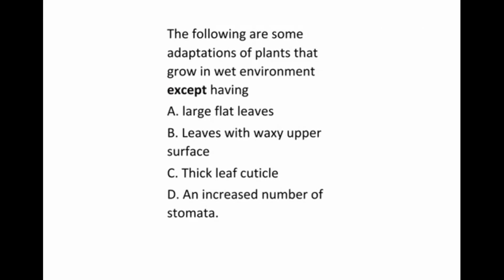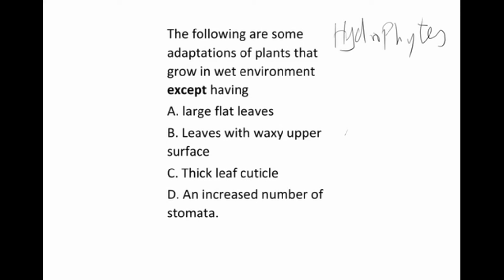The following are some adaptations of plants that grow in wet environments except having. When you look at these plants that grow in wet environments, they are called hydrophytes. These plants grow in areas that have a lot of water.